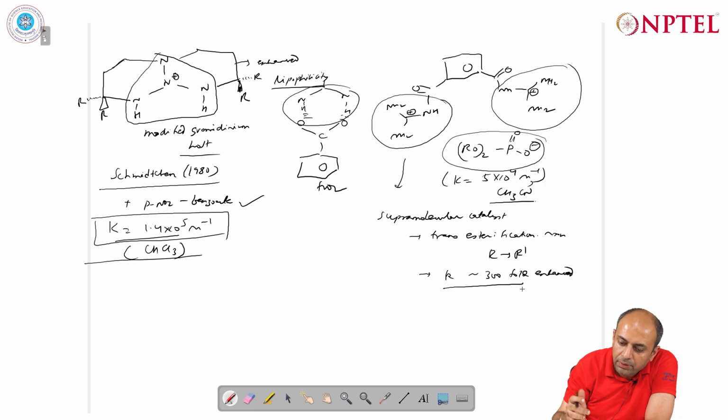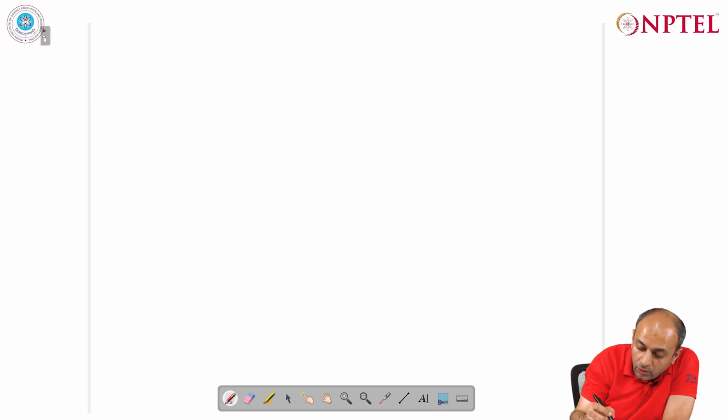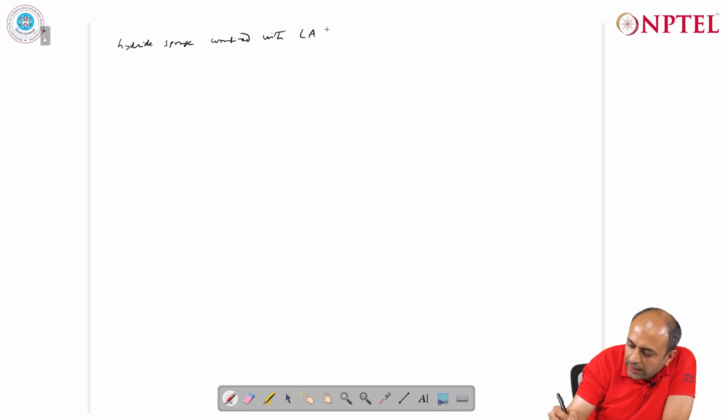The last example which I would like to discuss is that you can also use a hydride sponge combined with Lewis acid chelates to complex anions.